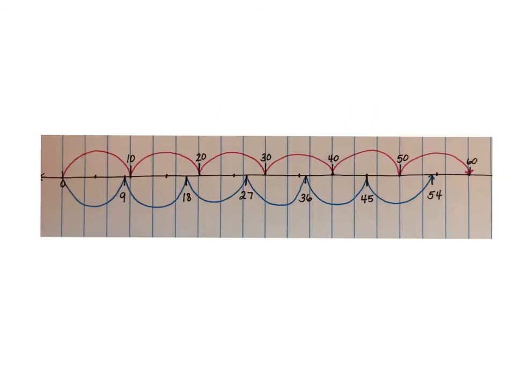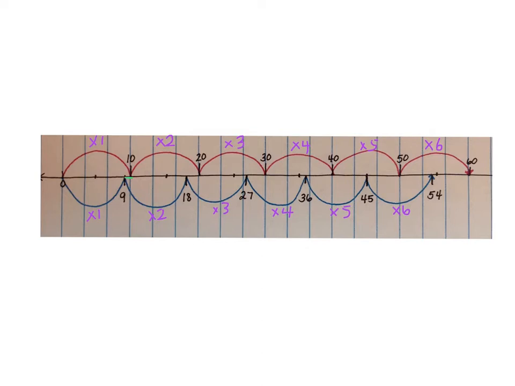This number line shows the same jumps of 10 at the top, but then at the bottom it shows jumps of 9. Okay, I filled in the multiplication part, so you can see that for each jump of 10, the jump of 9 is just a little bit shorter.